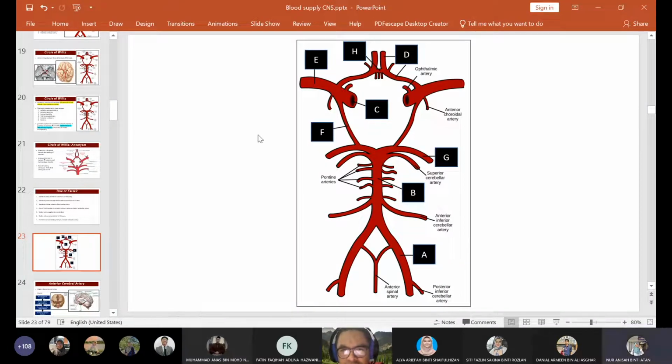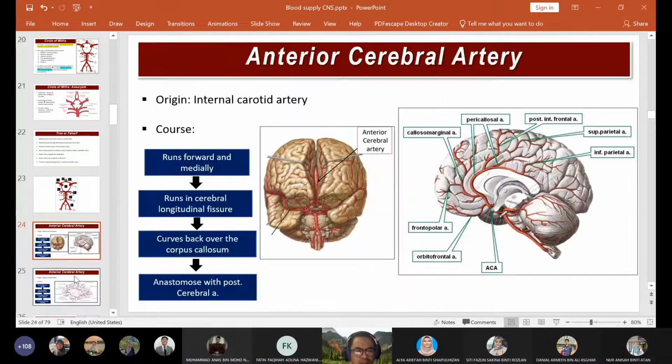Posterior communicating artery. Very good. G? Posterior cerebral artery. Very good. H? Anterior communicating artery. Very good. Well done. First time belajar kan? Betul tak? So now you remember. Very good. Excellent. Impressive.